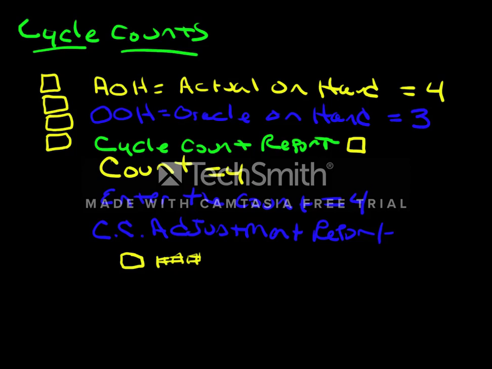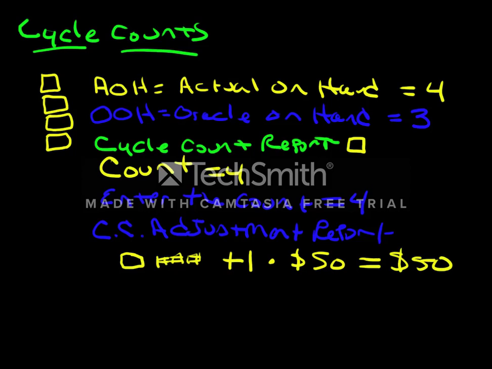Because our Oracle on hand is 3, but our actual is 4. And we've entered a count of 4, so it's going to say add 1 yellow square. And let's say the yellow squares were worth $50. So it's going to tell us to add 1, but it's also going to say that the value of that is $50.